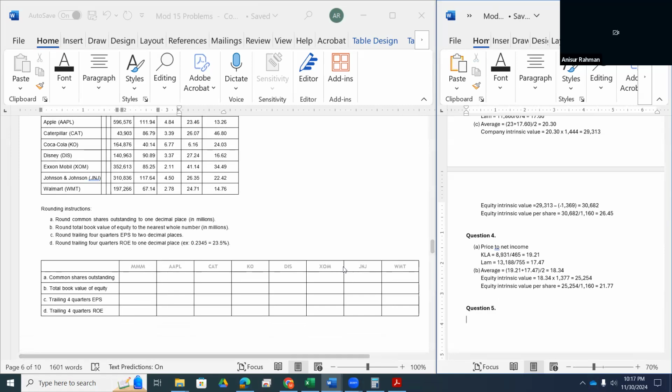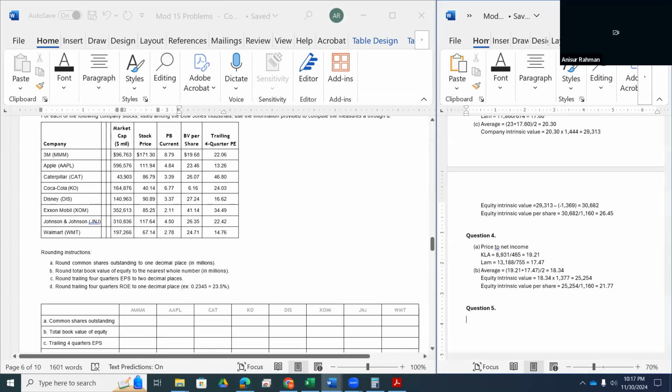It will be much easier to do it in Excel, but you need to understand how to do it in calculators too, because if this question is on the test, it will not ask you to do these calculations for all the companies. It will ask you to calculate for only one company, and you should be able to do that in your calculator. So what I'm going to do, I'm going to open an Excel file.